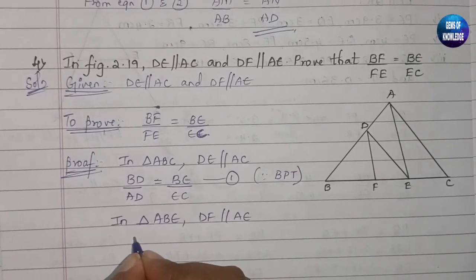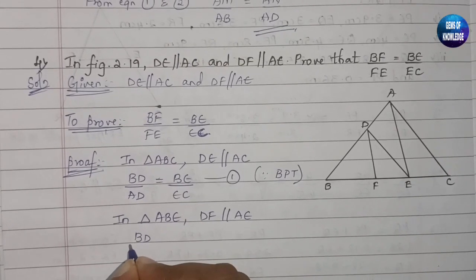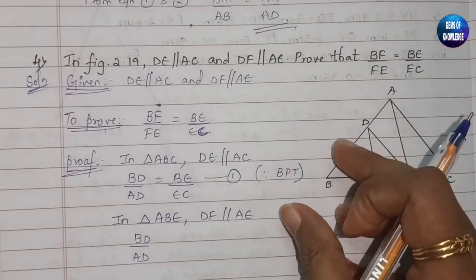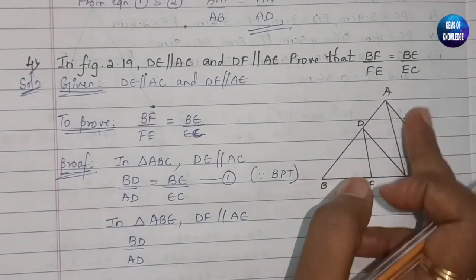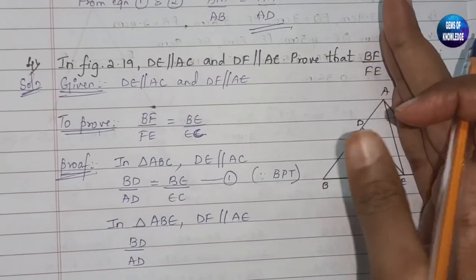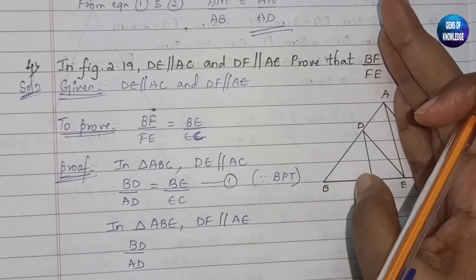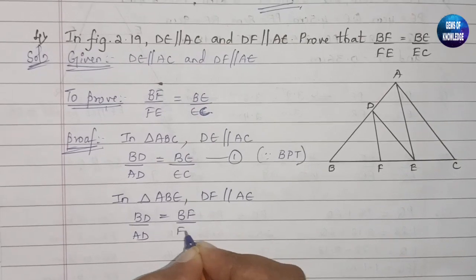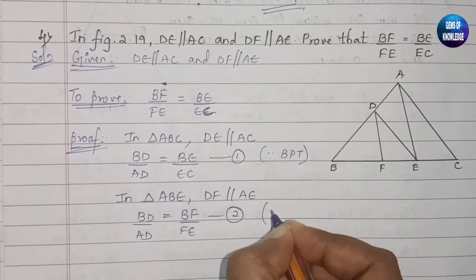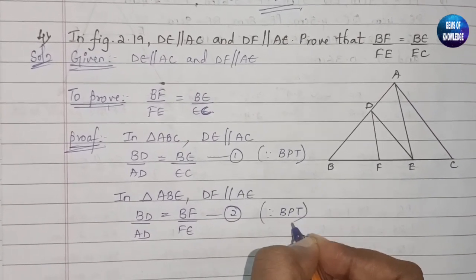Here BD divided by AD, this part will be the same, only the partition will be changed, since we are taking only this much of the triangle. So BF divided by FE it will be, which is equal to BD divided by AD. This is equation 2, again since BPT.